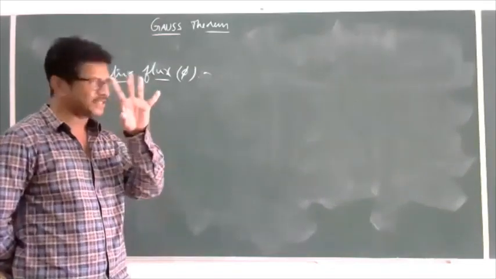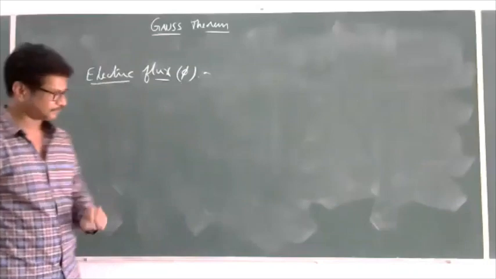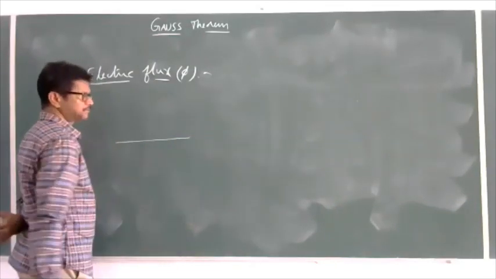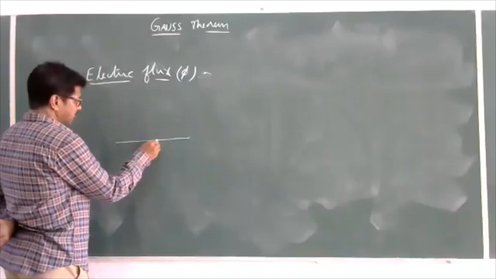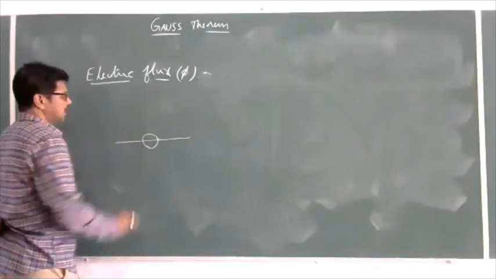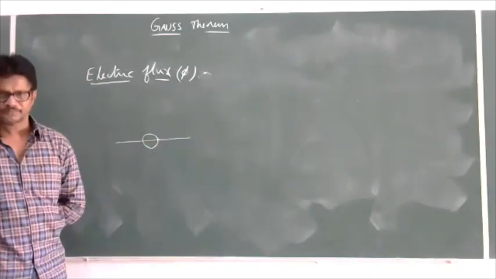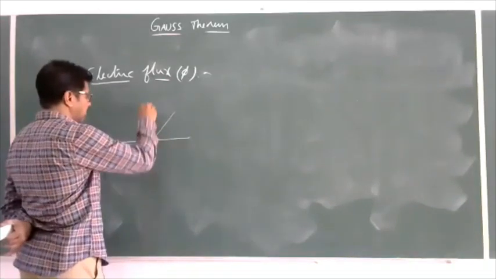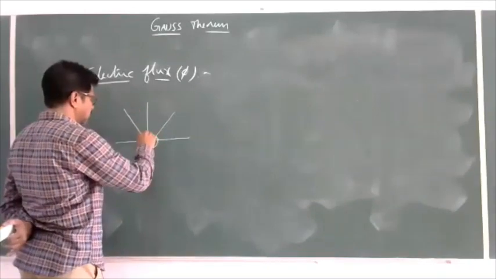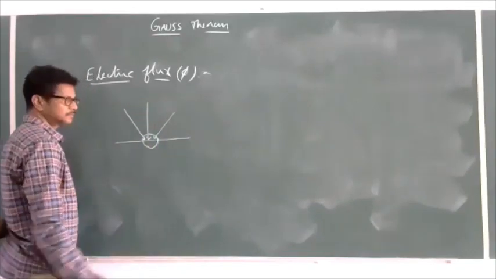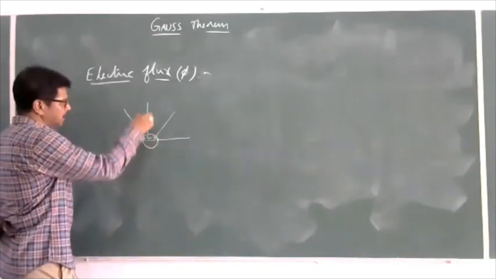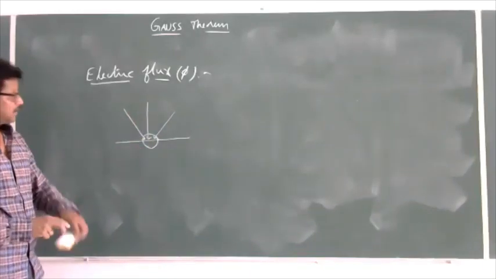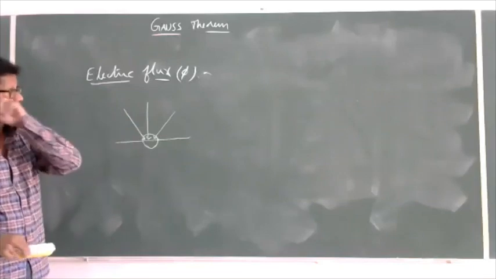For convenience, for example, this is one surface. In that surface, I am considering one area. Through that area, how many electric lines of force pass normal? Here, only one electric line of force passes normal. That's why here we can call the electric flux 1.